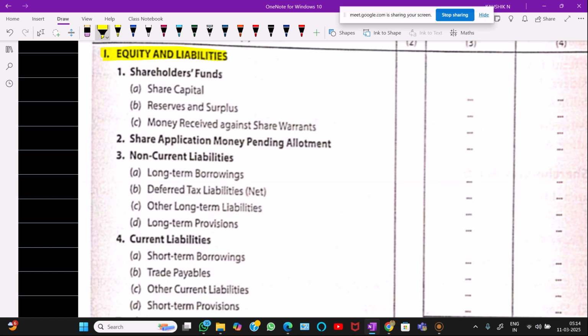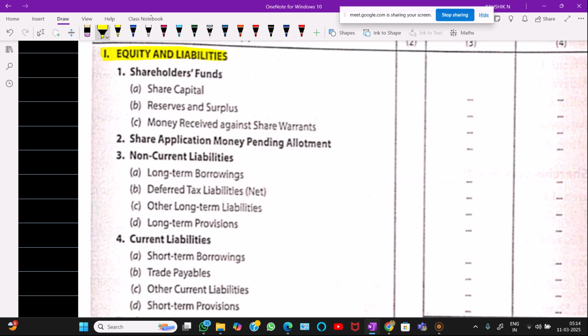Whereas in the previous stage, when you were in grade 11, the balance sheet we learned was entirely different. It was called a horizontal balance sheet, where you had liabilities on the left-hand side and assets on the right-hand side. But now it is not the case as it was in grade 11. Now you are learning something called a vertical balance sheet.